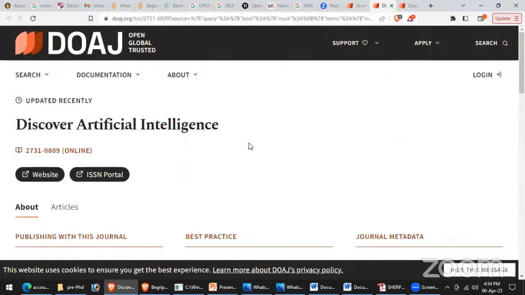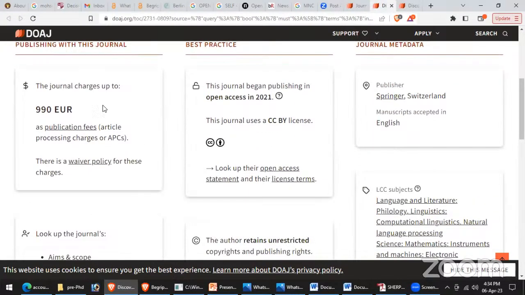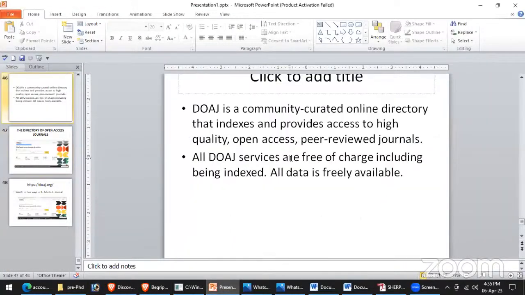Regarding the article, see here, €990 APC charges has to be paid. And I have said to you, these icons will be seen every time. CC means this is your copyright and a person is standing. Okay.